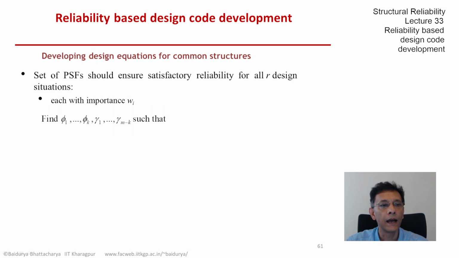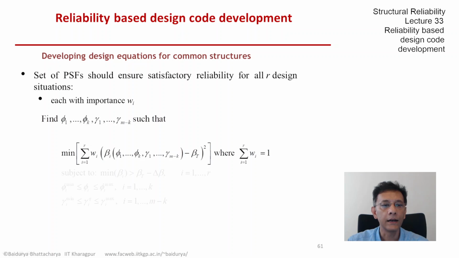factors there. So the mathematical statement is: find the partial safety factors, the phi's and the gammas, such that a certain error is minimized. The error is the weighted deviations. I find beta_i for design situation i or element group i, take the deviation from the ideal target, square that, and weight that with the importance factor.